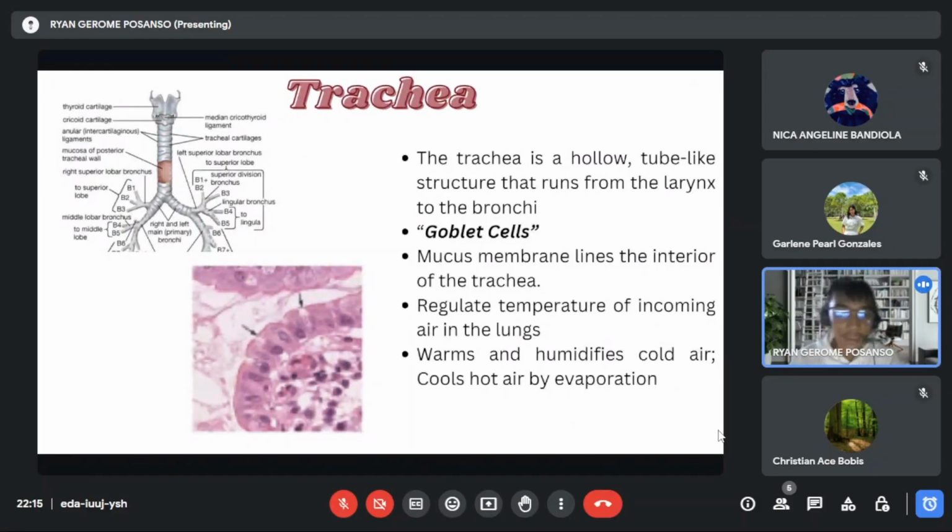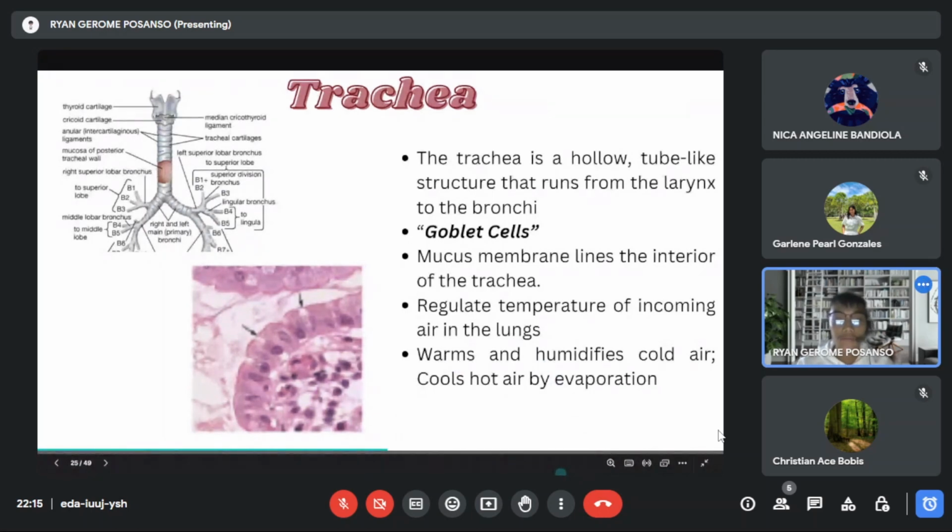So next we have is the trachea. So the trachea is a hollow tube-like structure that runs from the larynx to the bronchi. So as you can see here, there are goblet cells. So goblet cells surround the interior of the trachea.